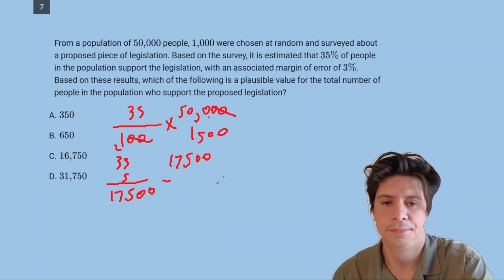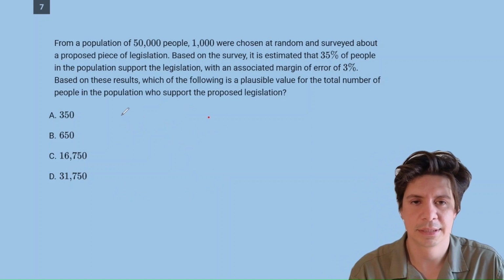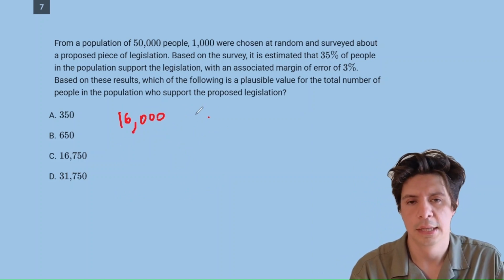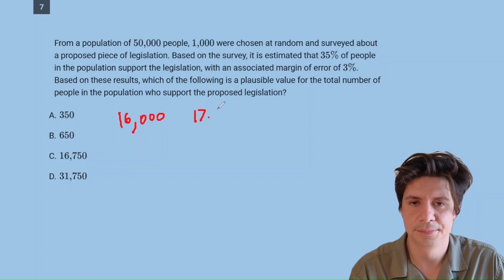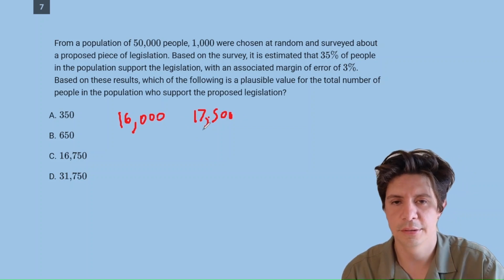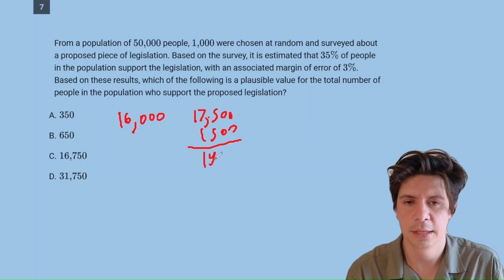And then, let's do the other part. So we have 16,000 right now. And then the other one is going to be 17,500 plus 1,500. It's going to be 19,000.